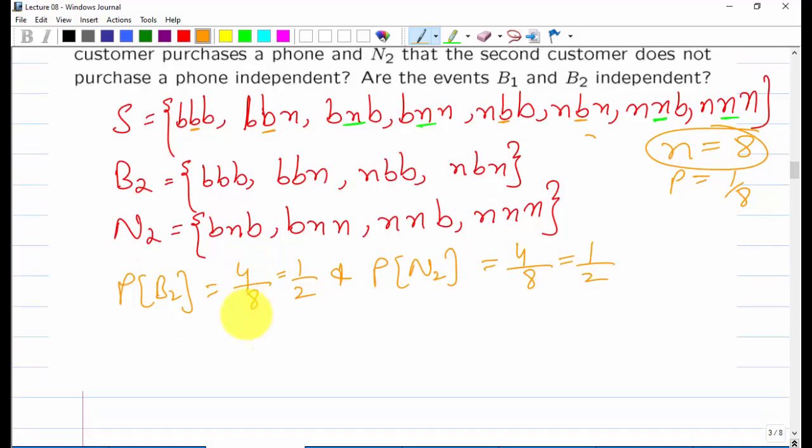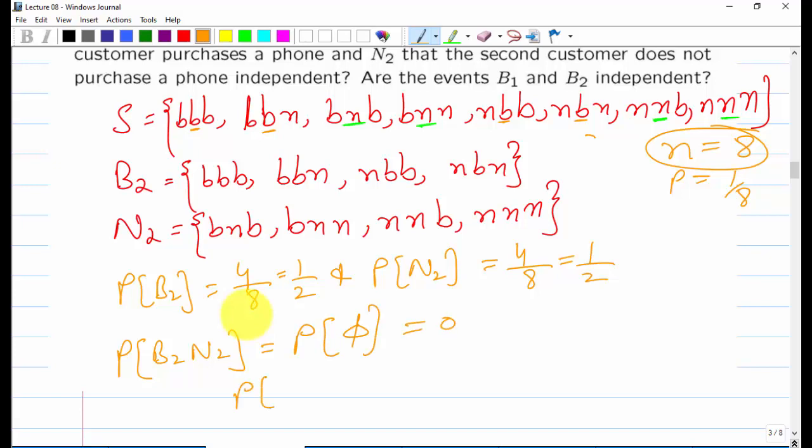So to check the independence, we have to take their intersection. Probability of B2 N2. If we look at them, it is a null set. So it is 0.